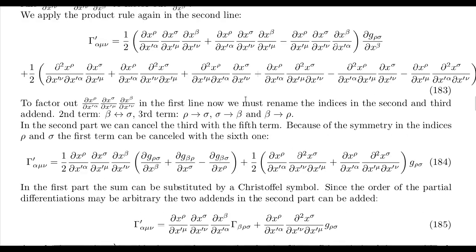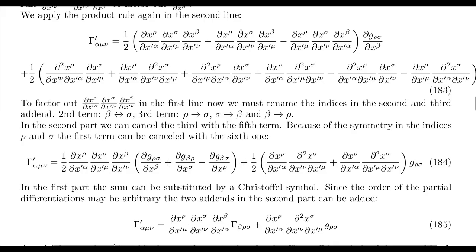And now we want to factor out here the 3 differential quotients. And we can do that by renaming some indices. We have scalar products, and for a scalar product we can use any index. So in the second term we exchange beta and sigma. We have here beta here and beta here. That is a scalar product.